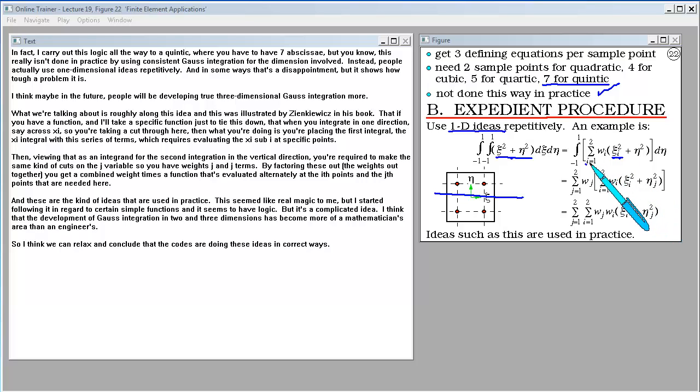Then, viewing that as an integrand for the second integration in the vertical direction, you're required to make the same kind of cuts on the eta variable, so you have weights j and eta j terms.